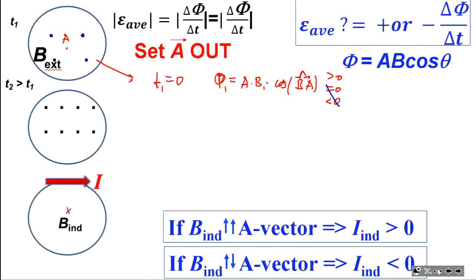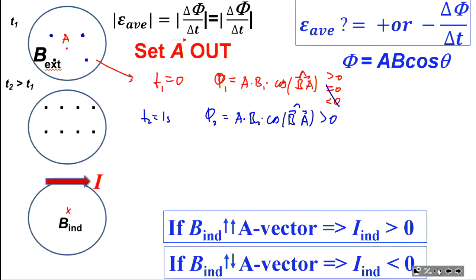Now, again, in our experiment, we make the loop closer to the magnetic field. That's why we have a stronger magnetic field, larger flux inside. So at the next instant, say 1 second, the flux is A times B2 times cosine of the angle between, still positive.